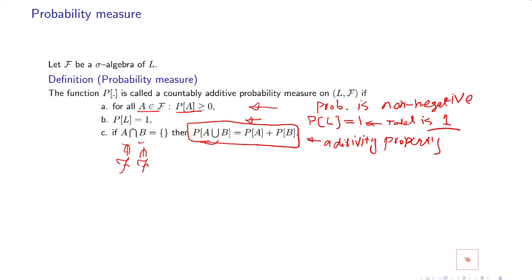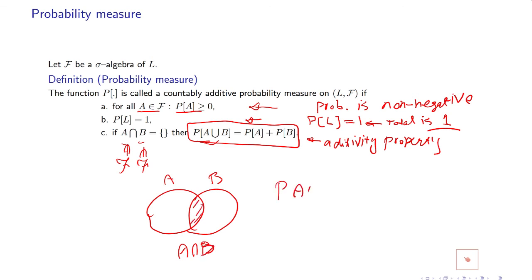But for example, if these two are not disjoint, so let's say A and B are like that, this is A and this is B, and here is A intersection B. In that case, you could measure the probability of A union B. You could write it as, let's say, 3 parts: part 1, part 2, and part 3, and these 3 parts are disjoint. So the probability is the probability of part 1 plus the probability of part 2 plus the probability of part 3.